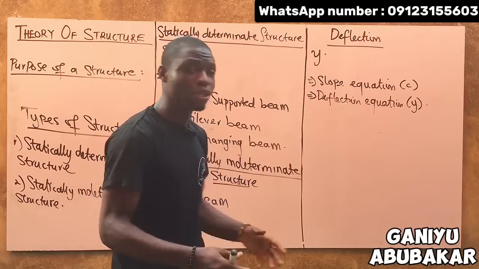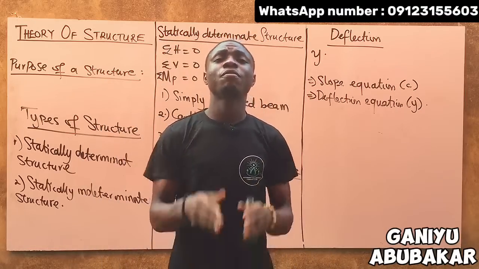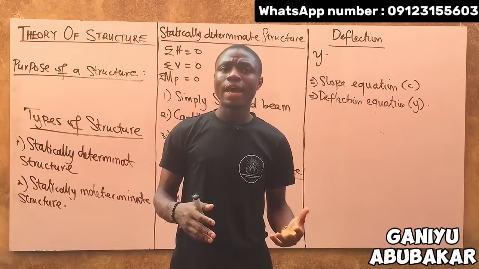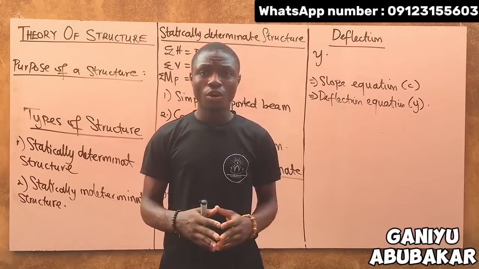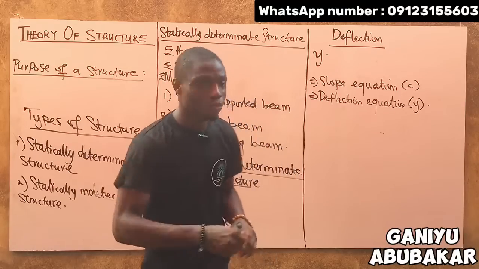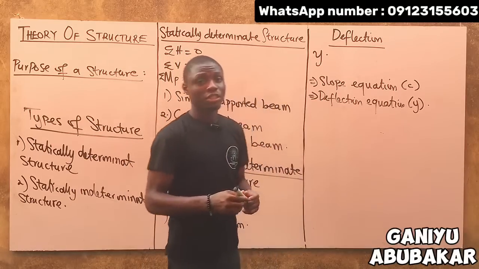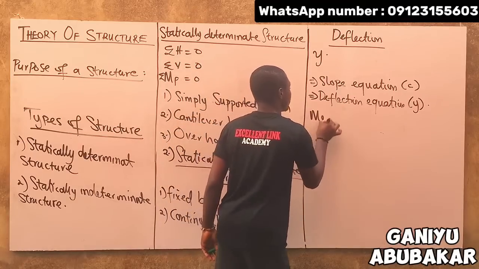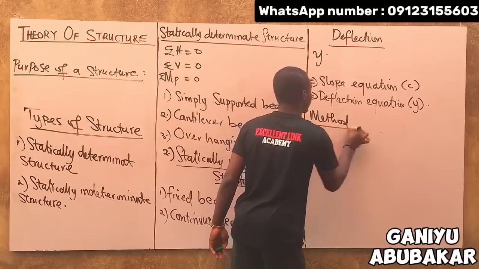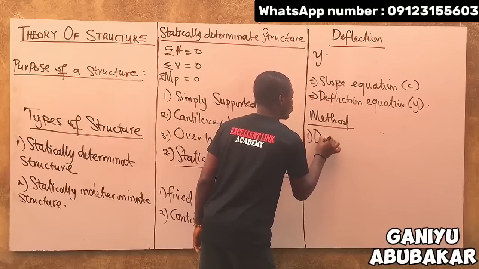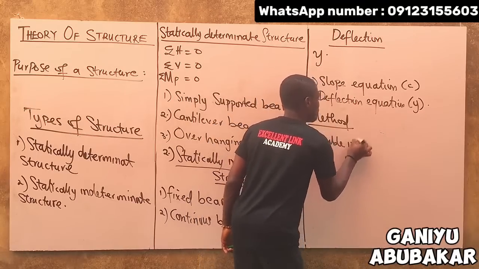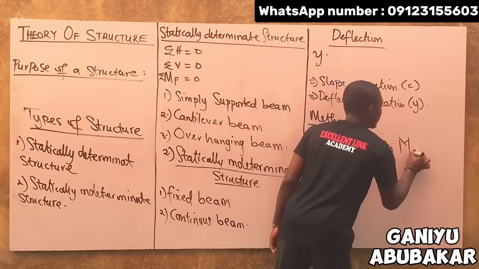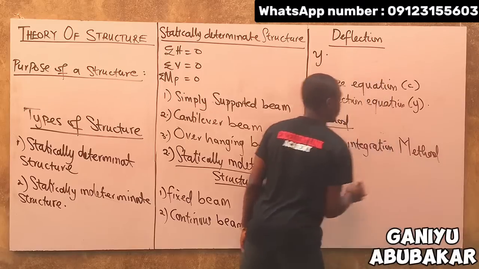So the methods of deriving the slope equation and deflection equation of a structure include, number one, the double integration method, and number two, the area method.